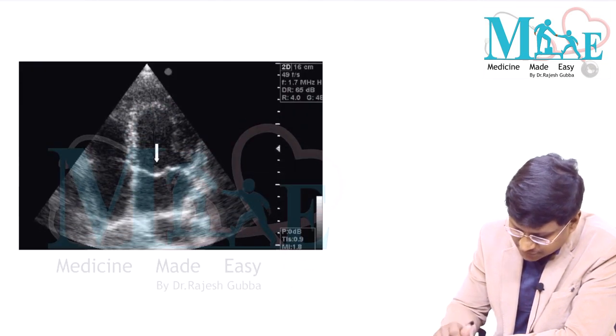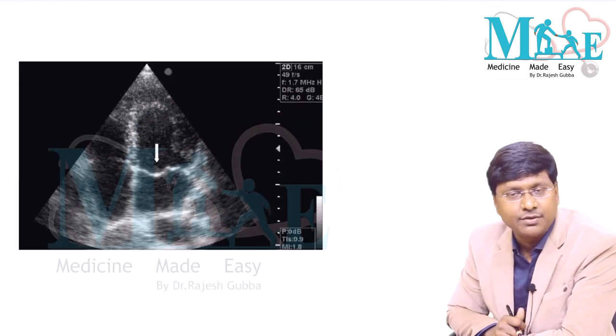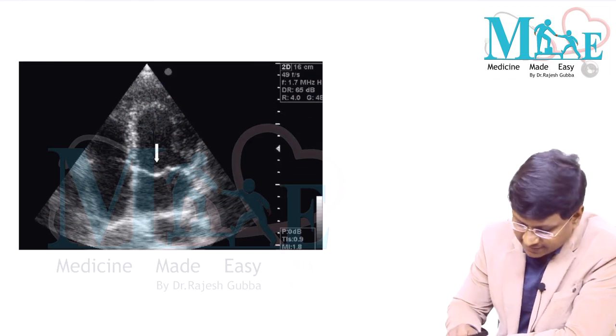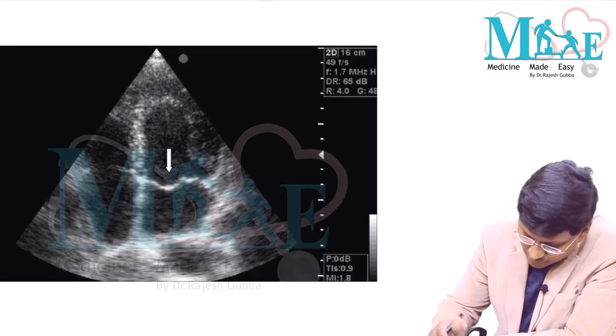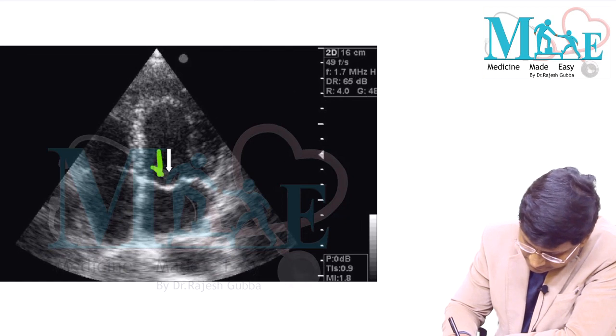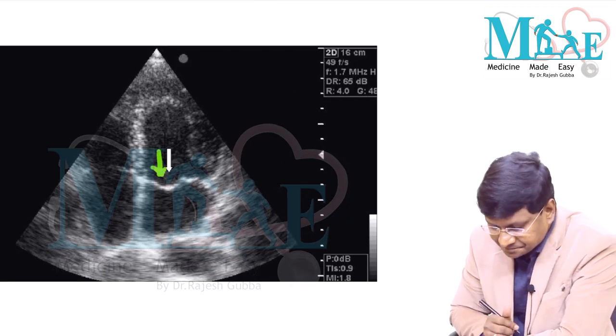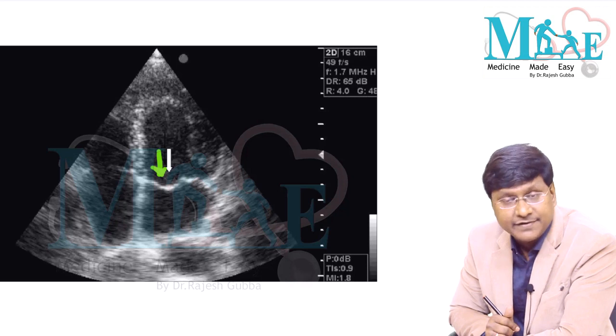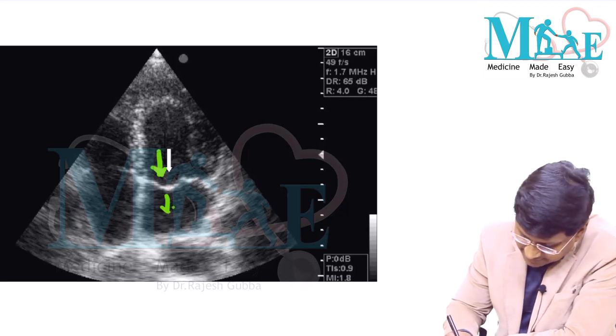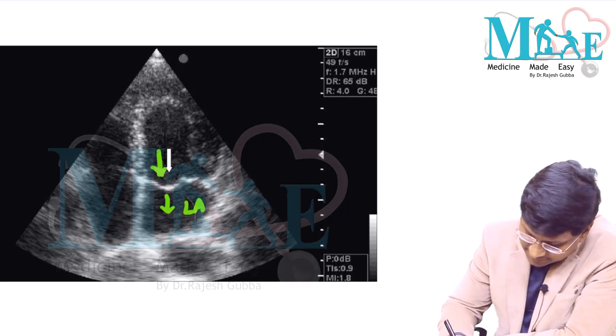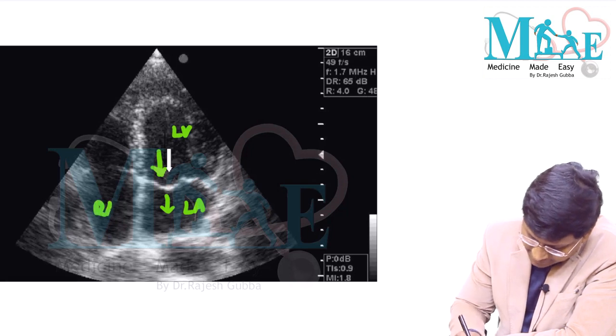Now let me show you the 2D echo of mitral valve prolapse. You can see this arrow over here. This tells that the mitral valve leaflet is prolapsing into the left atrium. This is the left atrium, this is the left ventricle, this is the right atrium and this is the right ventricle.